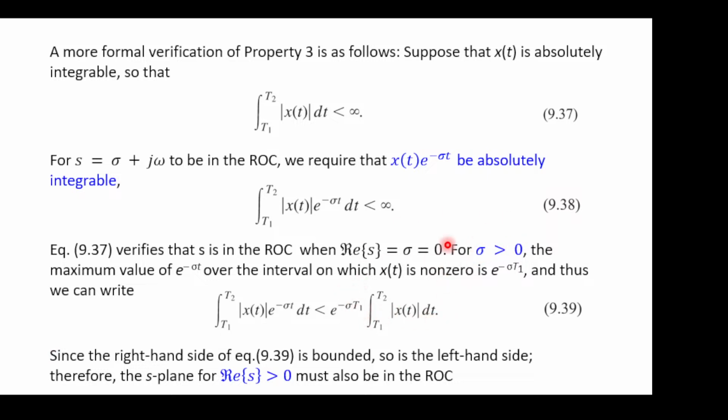So for every sigma bigger than 0, your x of t e to the minus sigma t is absolutely integrable, and so the corresponding s is in your ROC. So for every real part of s, meaning sigma bigger than 0, it is in the ROC. So this is bounded, and this is bounded.